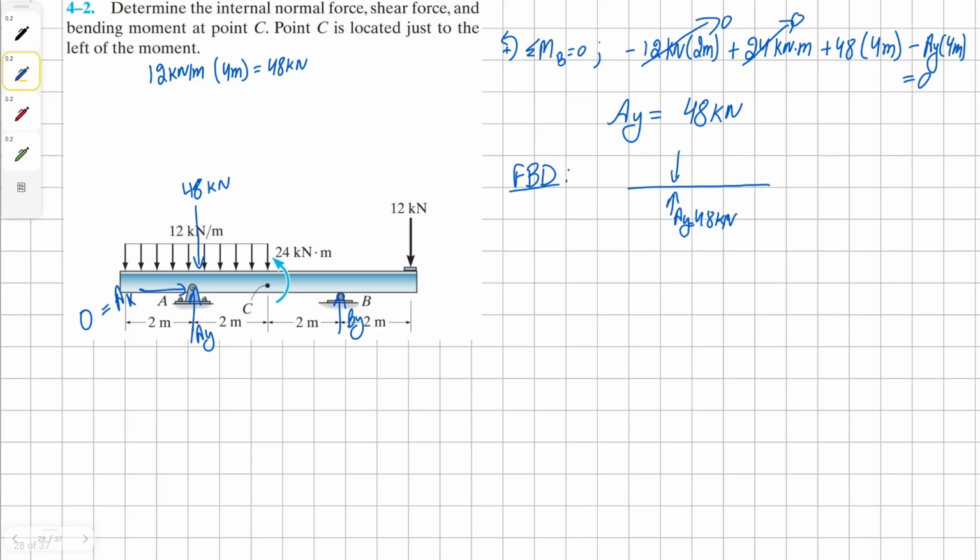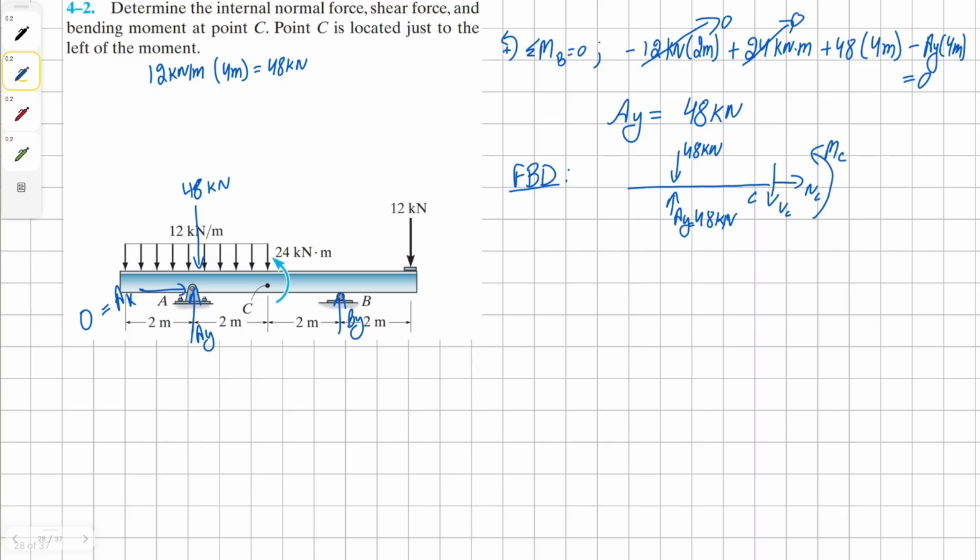Then our point load from the uniform distributed load, which is also 48 kilonewton. And then because of the cut at C, we're going to have our shear, our normal, and a counterclockwise moment. Or it could be clockwise, but by general convention before solving, we can assume it to be counterclockwise.